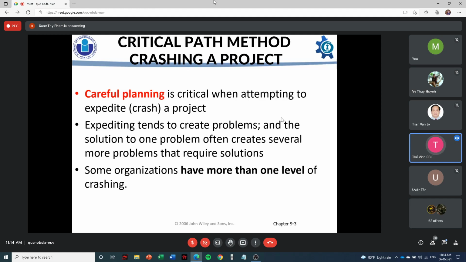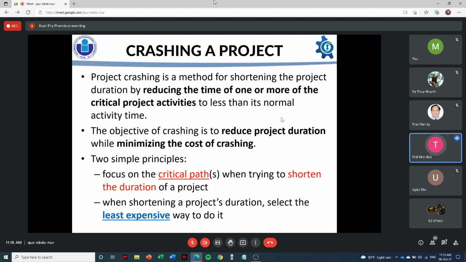Expediting tends to create problems, and the solution to one problem often creates several more problems that require solutions. Some organizations have more than one level of tracking. So, what is project crashing? The next slide will show you the project crashing.